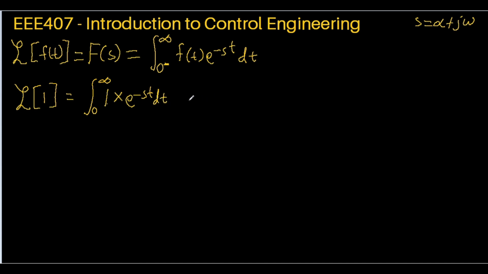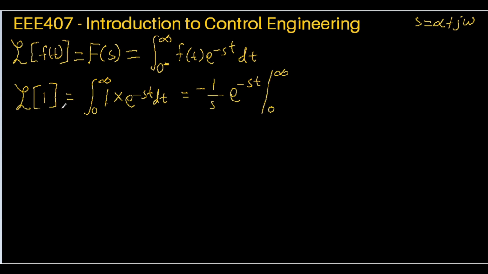So obviously this is just the integral of e to the power of minus st dt. When you integrate e to the power of minus st, what you have is minus 1 over s times e to the power of minus st, and we're taking this from 0 to infinity. Remember the limits of integration, because this is a definite integral, so we're going from 0 to infinity.